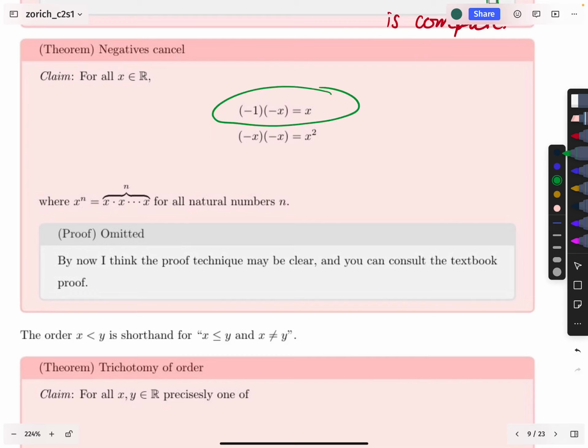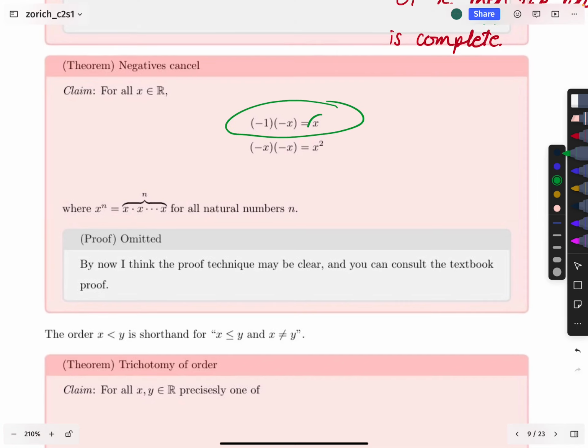That -1 times -x, or -1 times the additive inverse of x, if you want to be very technical, results in x, as we kind of already know that it does, but we've got to prove all these things. And then the book also claims that -x times -x is the same as x squared, which is to say just x times x.